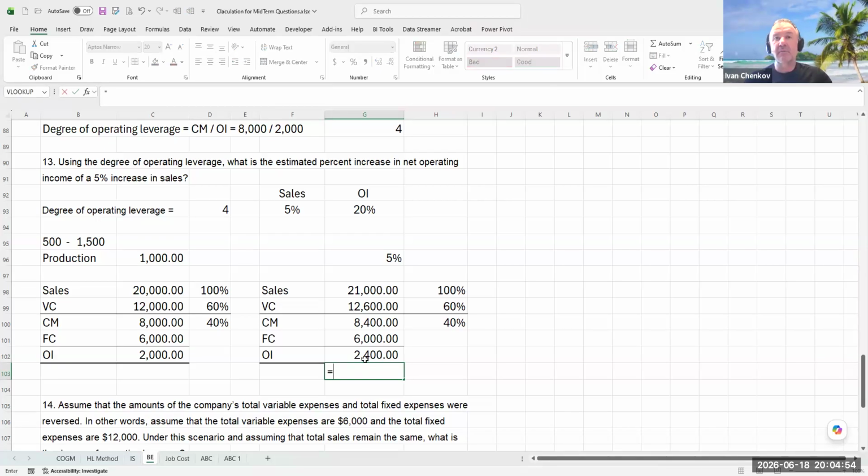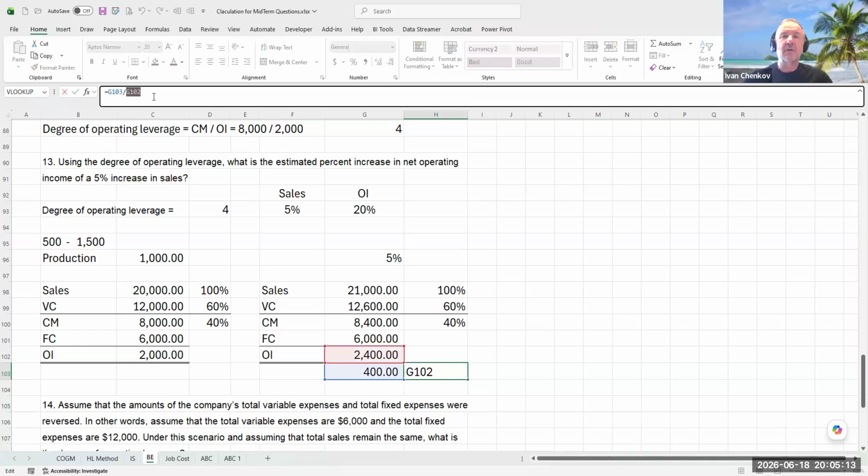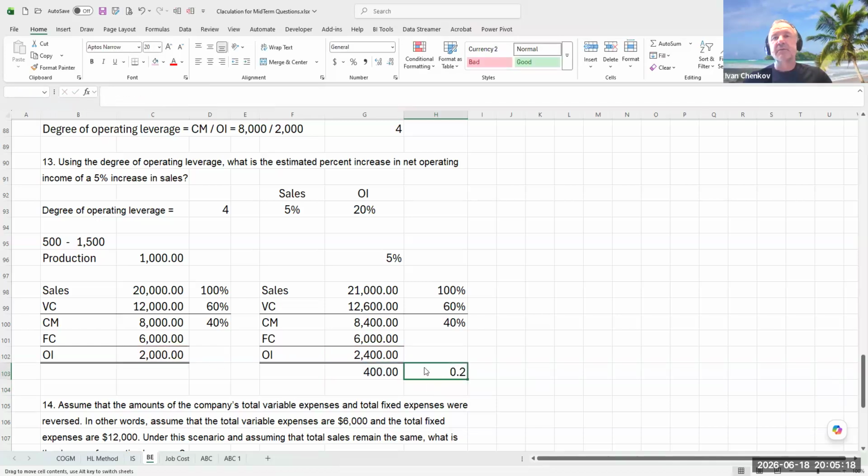Increase in operating income is this one minus the starting point. What is the increase? Increase of 400 divided by, not that one, 400 divided by the original income, which is this one. It's a 20% increase.